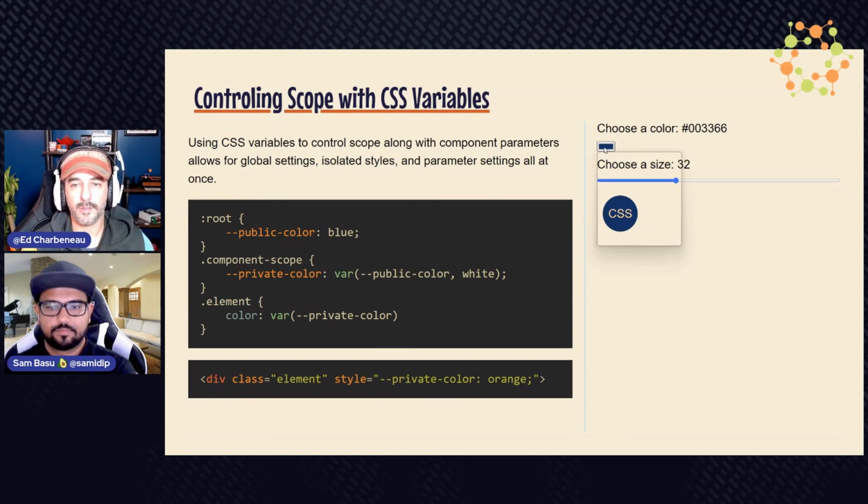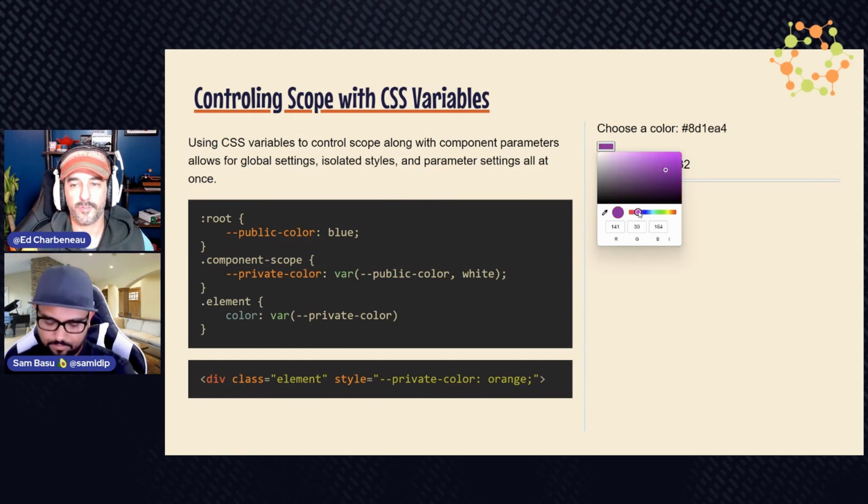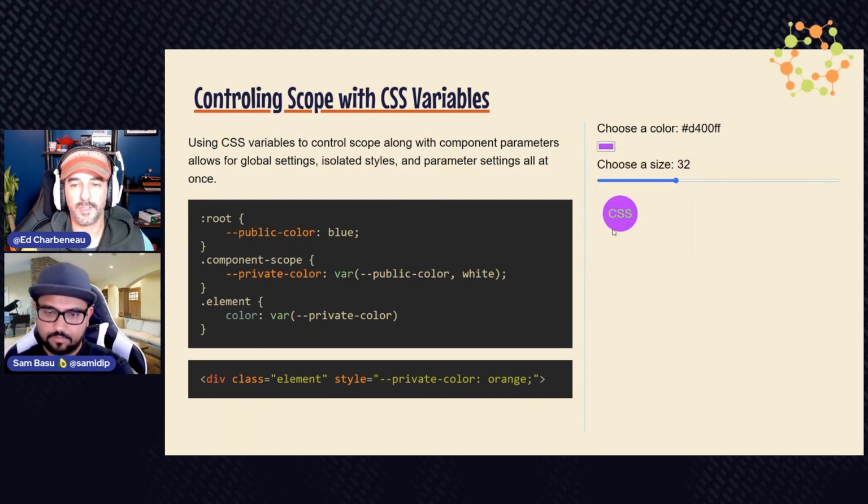So I can come in here and choose a different color for this component that says CSS here. And you see when I choose red, it changed to red. If I go to a purple color, it's picked that color, and it's also done some calculation to make sure it has a text color that is a contrast to the background.